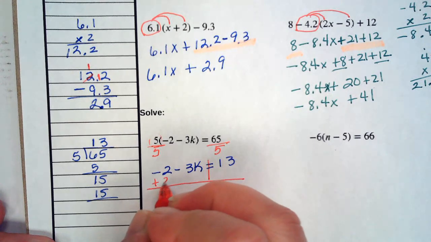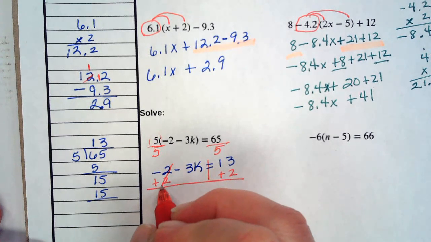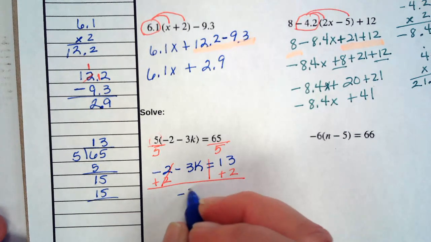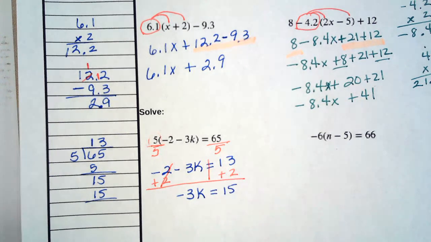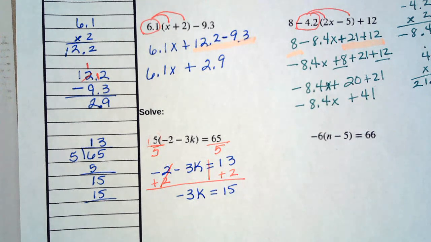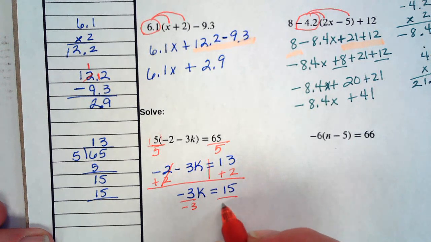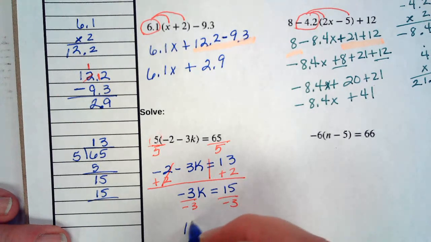The opposite is a +2. I've eliminated it here. I'm left with -3k is equal to 15. Last step, divide by -3. And k is equal to -5.